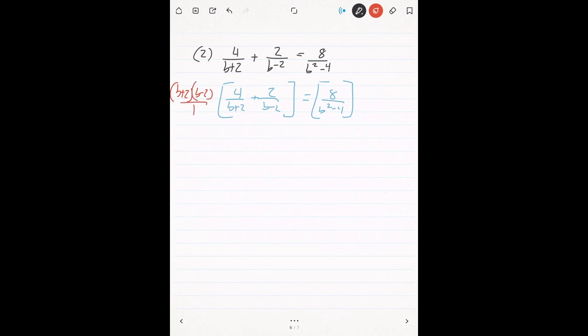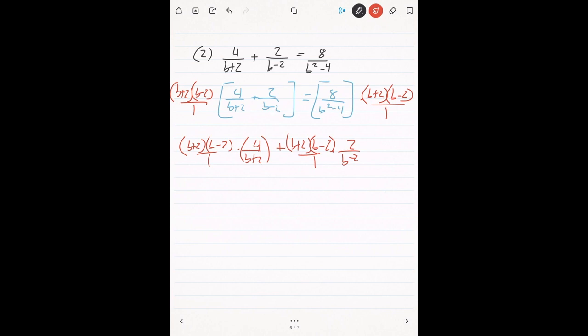And what we do to one side, we have to do to the other. So let's see, we have b plus 2 times b minus 2 times 4 over b plus 2. All right, then I have to multiply the b plus 2 times b minus 2 by 2 over b minus 2.